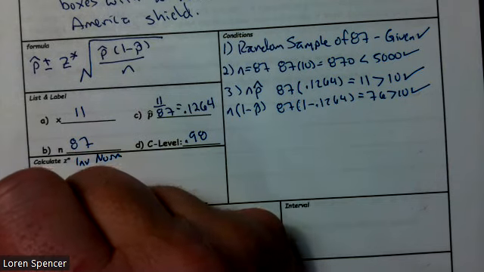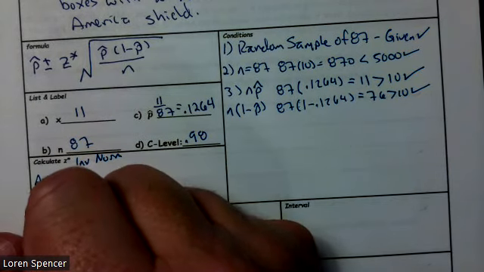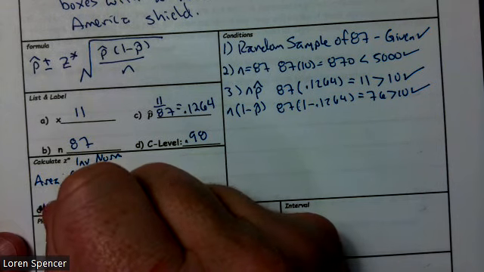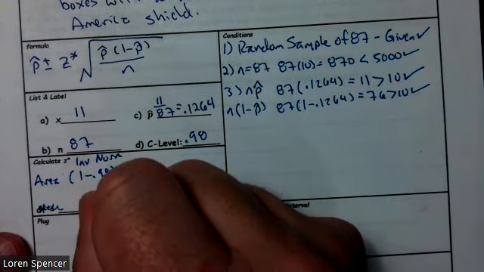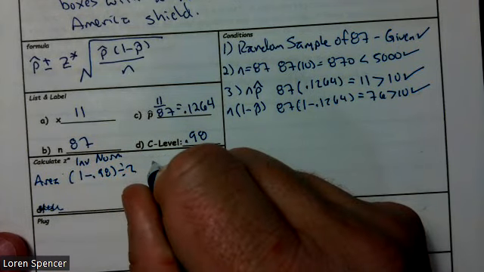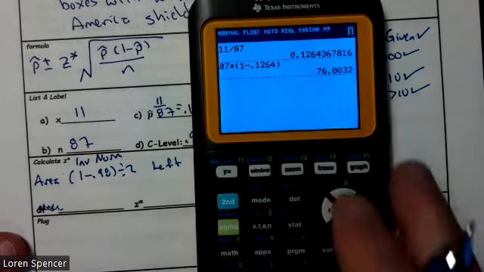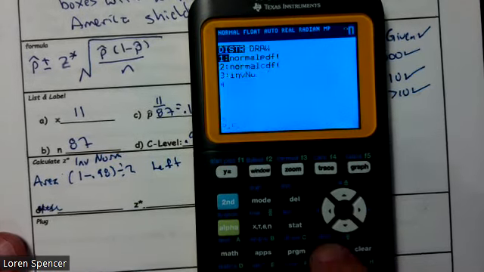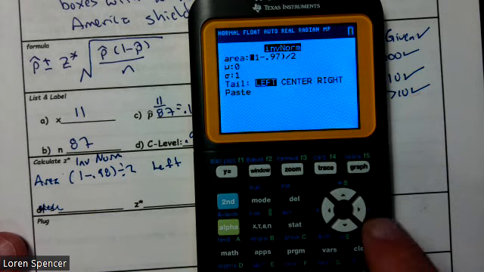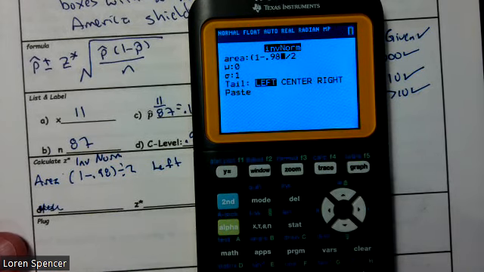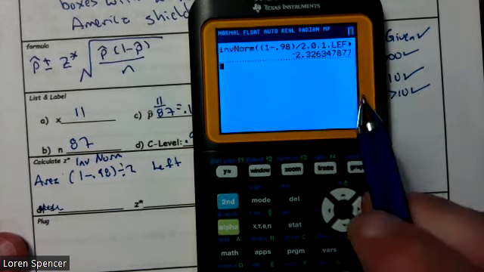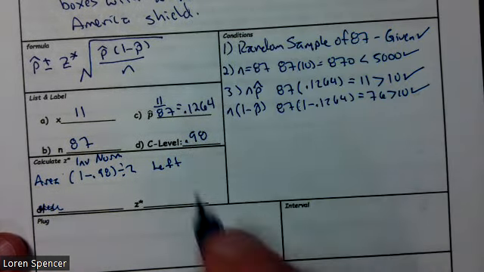It's going to ask for our area, which in this case is 1 minus 0.98 divided by 2, and that's going to be to the left. So let's do that. Second var's inverse norm, 1 minus 0.98 divided by 2. Mean is 0, standard deviation of 1, tail to the left. And we get 2.326.